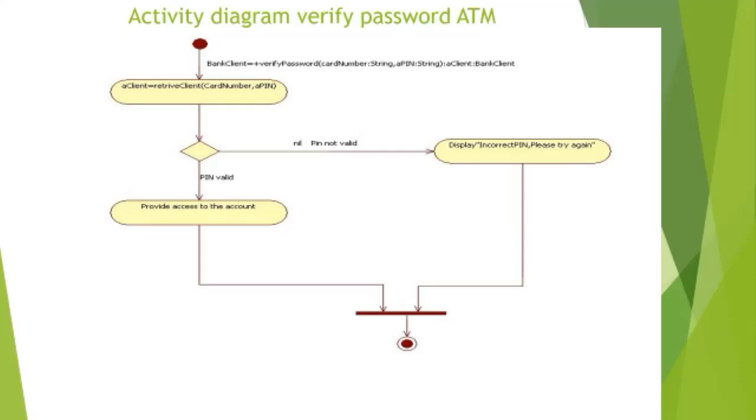When there are yes or no conditions, we use this branch or decision box. If no, that means the PIN is not valid, we go to the activity display incorrect PIN, please try again, and if the PIN is valid, a yes condition, then provide access to the account. And finally, by the use of a join, we join these 2 outputs and give one final input to the end node.